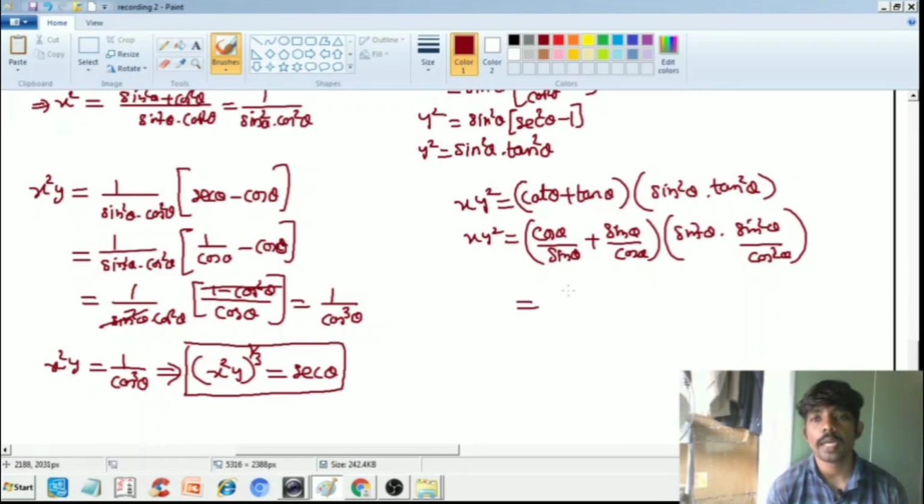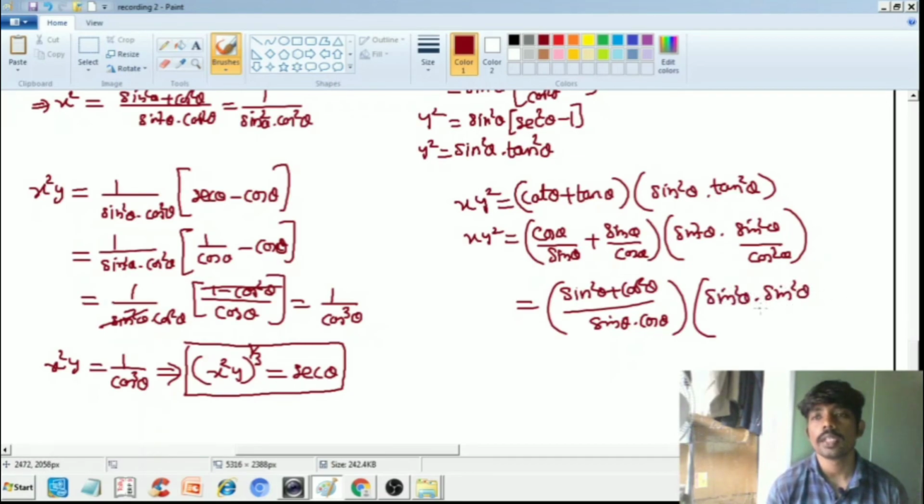If you do LCM, according to identity 1, sin square theta plus cos square theta is equal to 1, and sin theta cos theta are the leftover terms. Next sin square theta into sin square theta by cos square theta. From here we can write sin square plus cos square is 1, and this part is 1 according to identity 1.